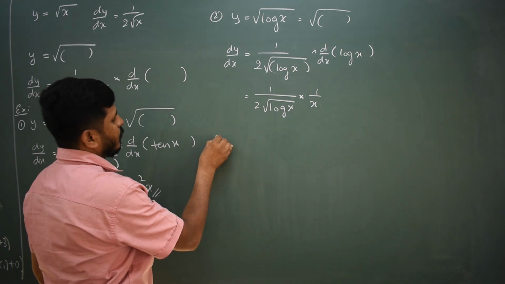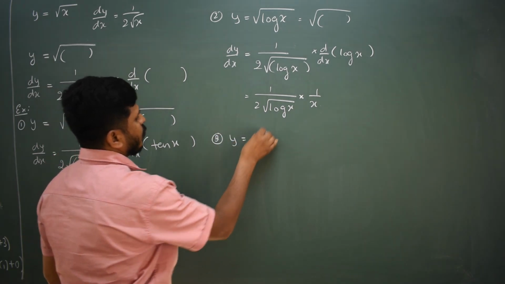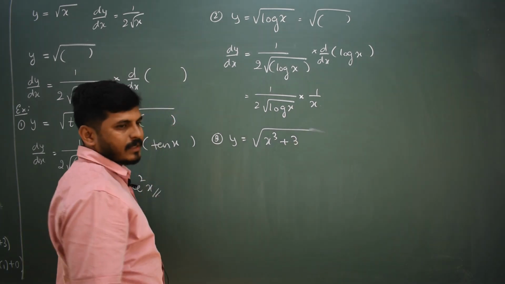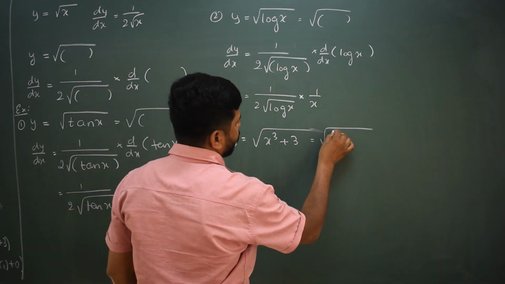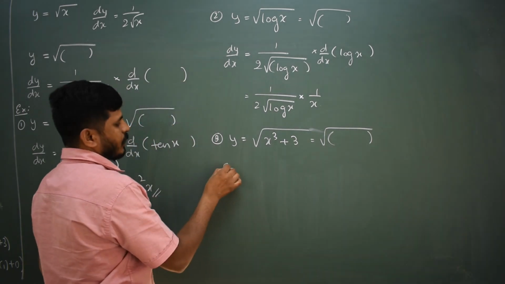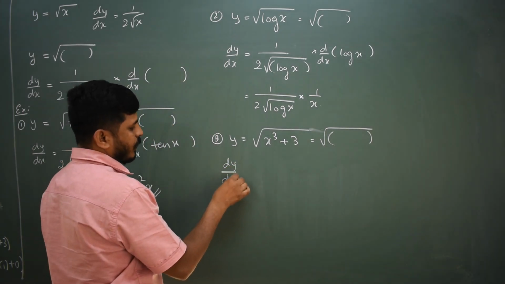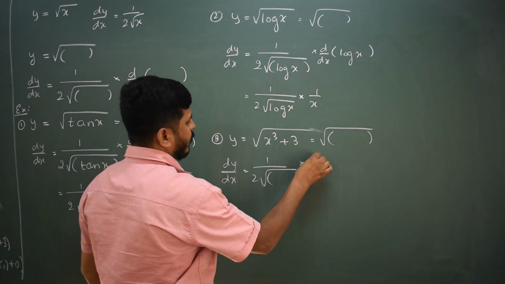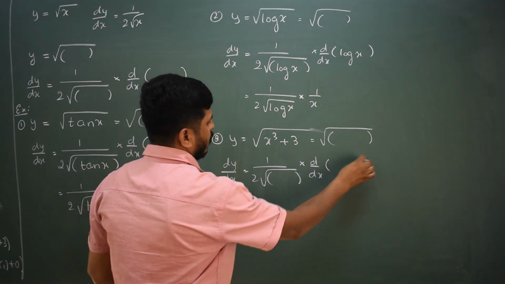Similarly, y is equal to root of x cube plus 3. Just read it as root of something. Now, what is the differentiation of root of something? 1 by 2 root of something into d by dx of something.